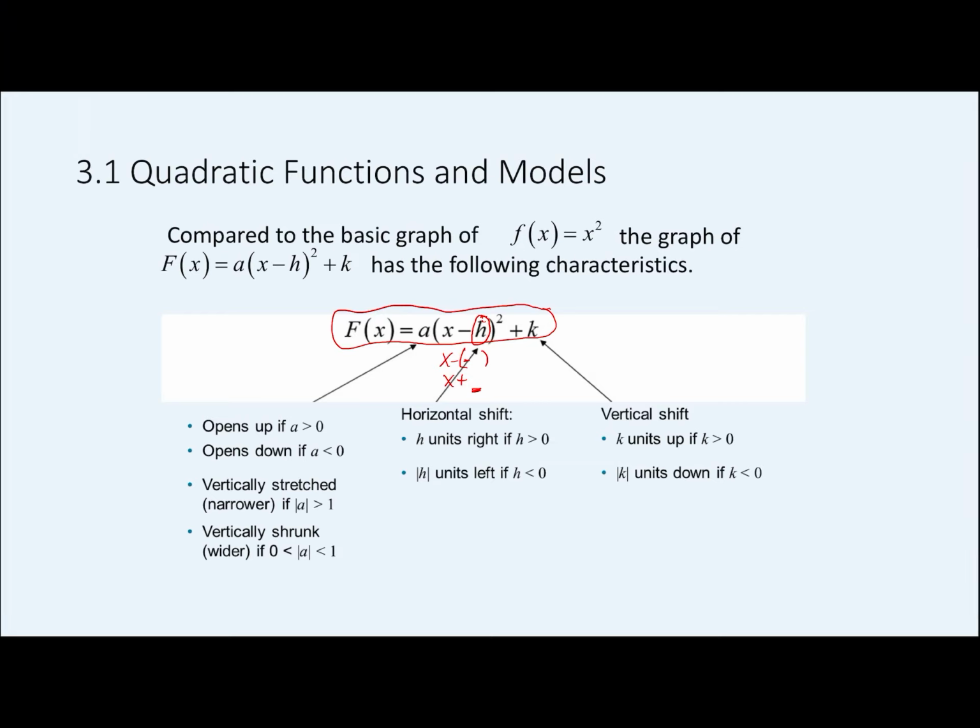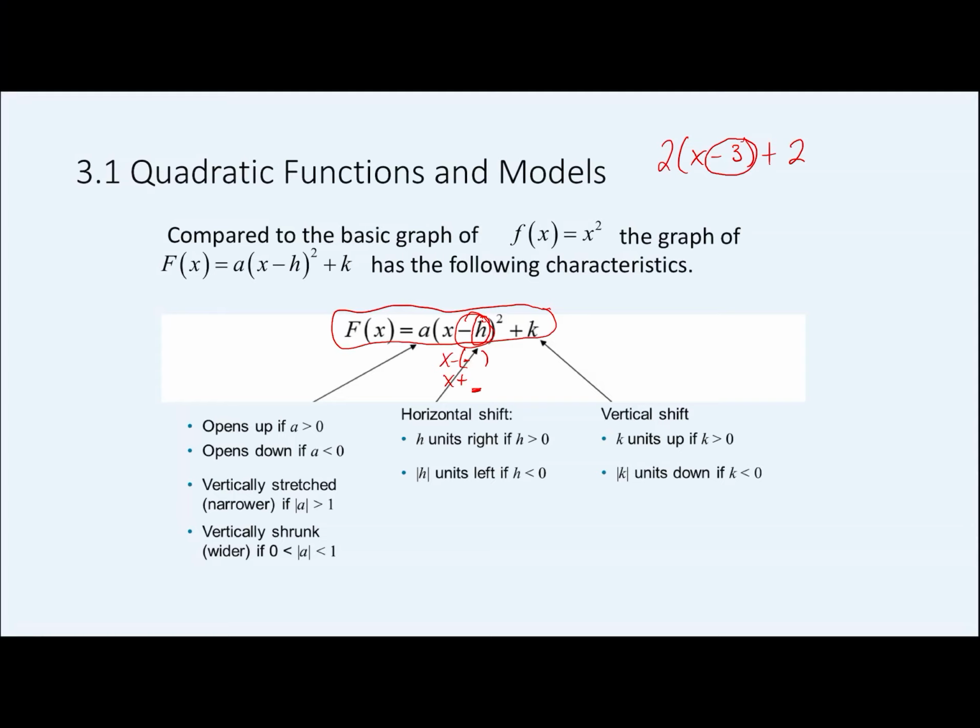Now, if it's a negative, understand it will be x minus a negative, which would make that be a positive. So if you see x plus some number, then we're looking at the opposite of that. So it's going to shift the opposite of what you would think.